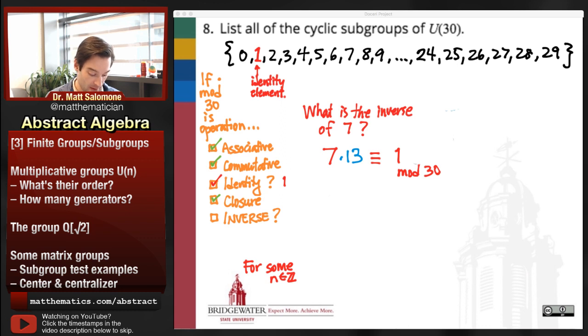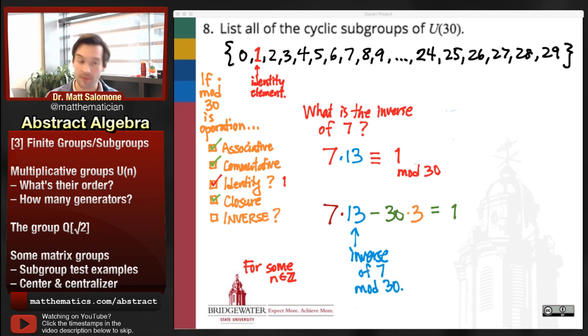Another way to think about that is that what we just learned was that 7 times x minus 30 times n is equal to 1 has a solution because 7 and 30 are relatively prime, and it turned out that the solution was x equals 13 and n equals 3. Right. So here was my inverse of 7 mod 30.